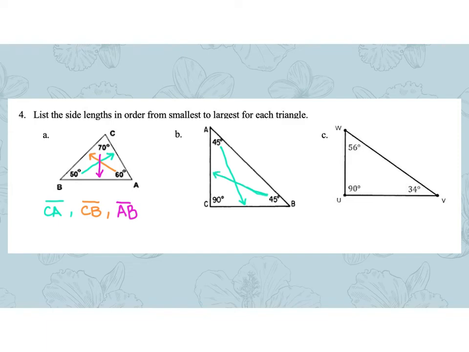And both of these sides are of equal length, so it does not matter which one we write first. So we can either write side AC first, and then side BC, or we can write side BC first, and then side AC.